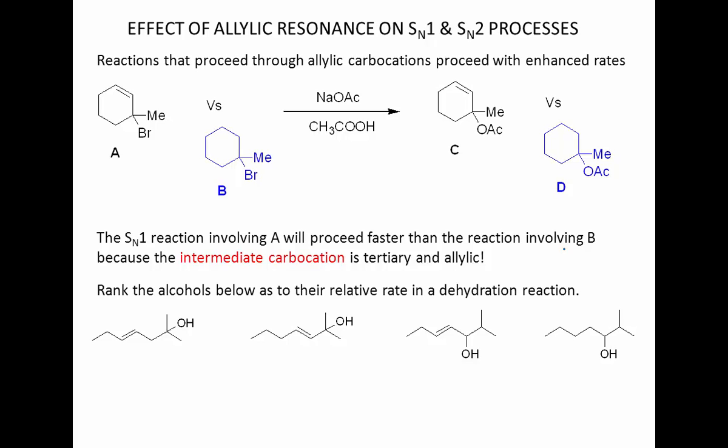Okay, so let's look at the effect of allylic resonance on the relative rates of Sn1 and Sn2 processes. If we had to compare the relative rates of reaction of A going to C versus B going to D, the Sn1 reaction here, which I hope you've realized is ideal Sn1 conditions, involving A is going to proceed a lot faster than the reaction involving B, because the intermediate carbocation is tertiary and allylic.